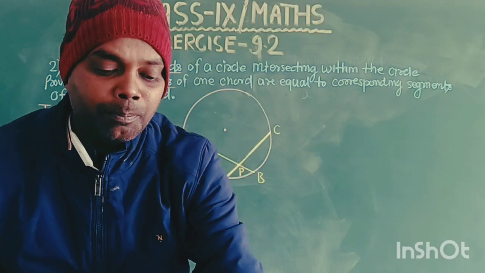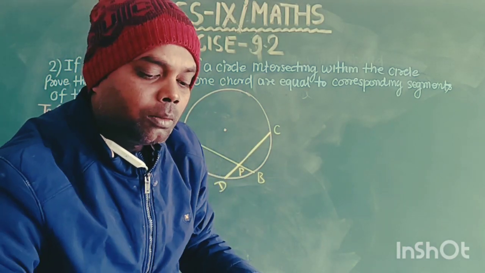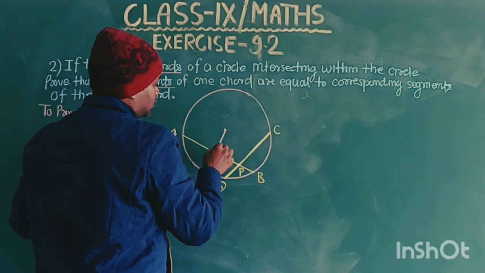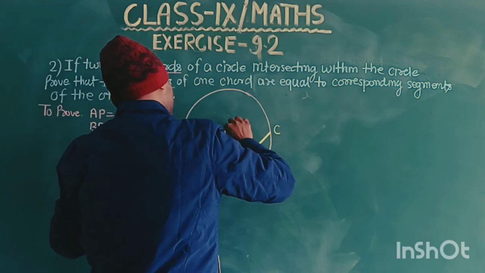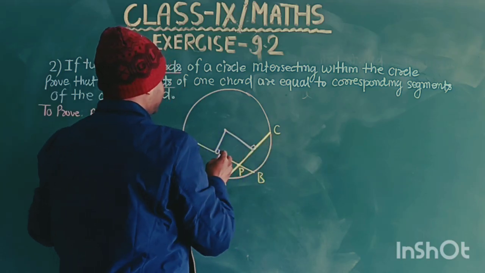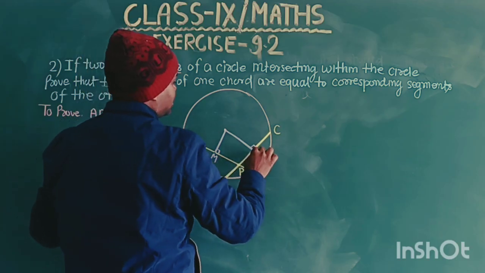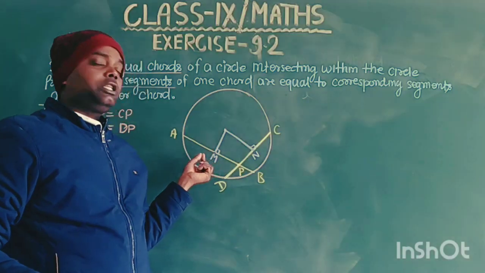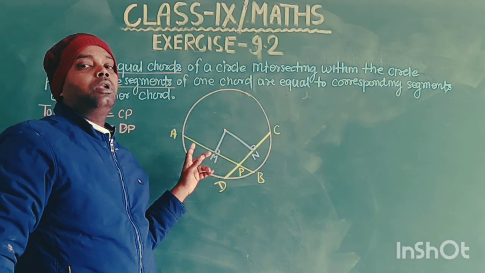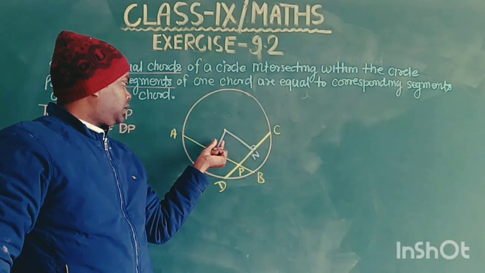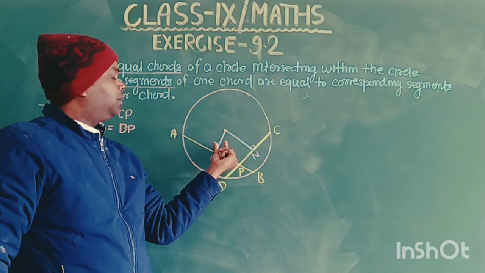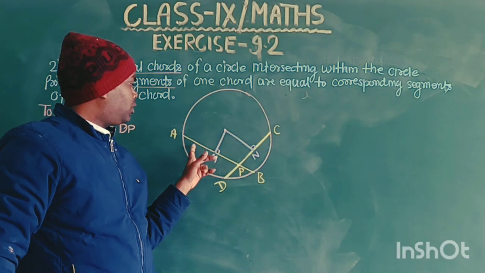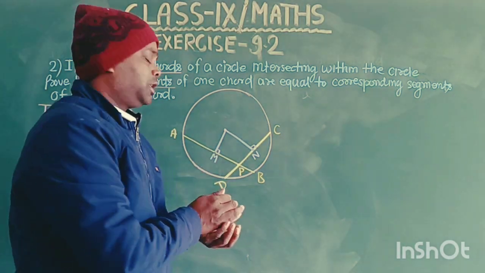First, draw a perpendicular from the center to both the chords. Let these be M and N. And as we know, when a line passing through the center of a circle is perpendicular to a chord, it bisects the chord. So this perpendicular drawn through the center bisects the chord.